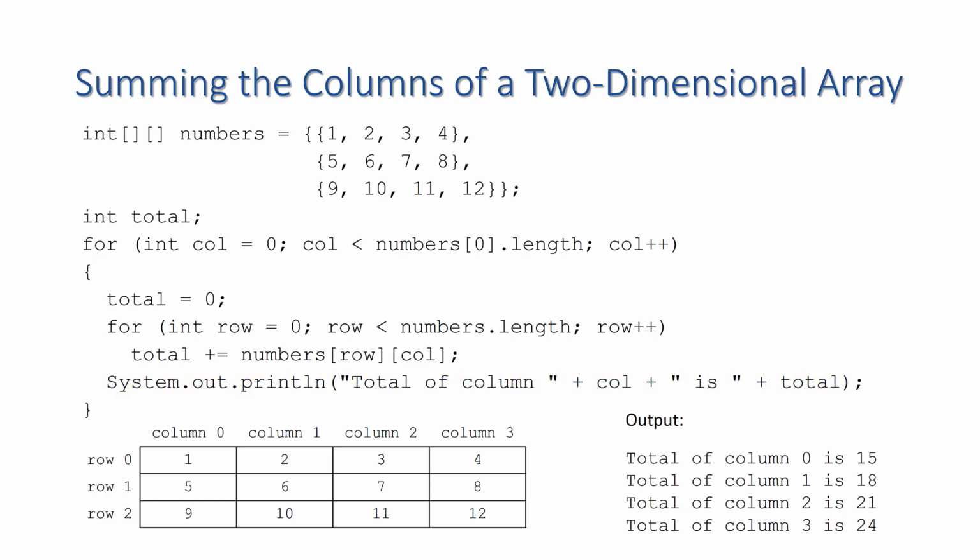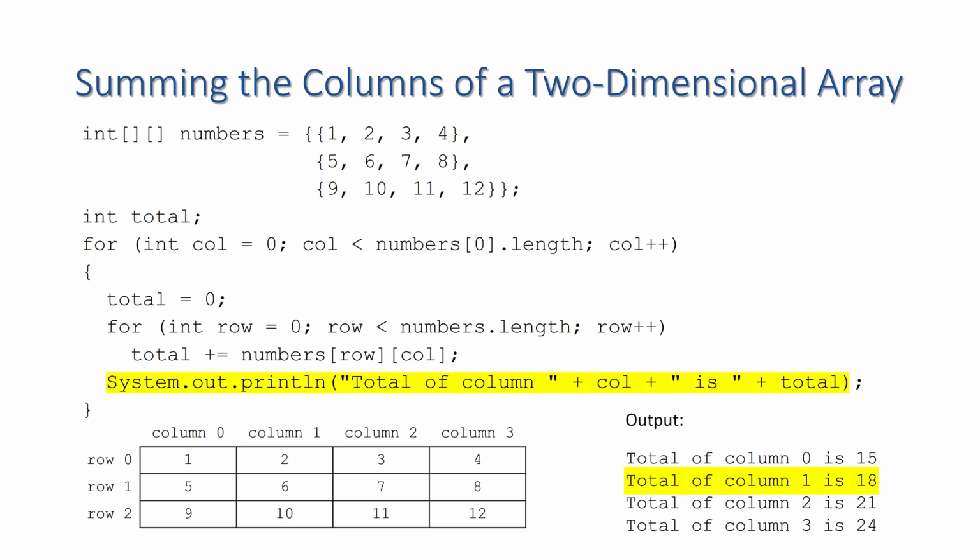So for the first iteration of the column loop, total is set to 0, and the inside loop repeats and completes all of its row iterations. Then, total of column 0 is 15 is output, which is the sum of all of the elements in column 0. The outside loop moves to the next column, which is 1, and the inside row loop sums all of the elements in column 1.